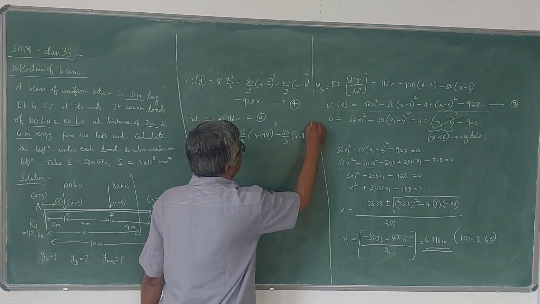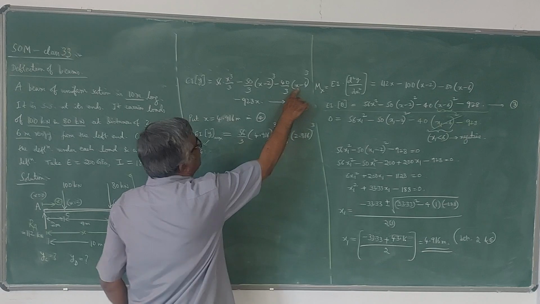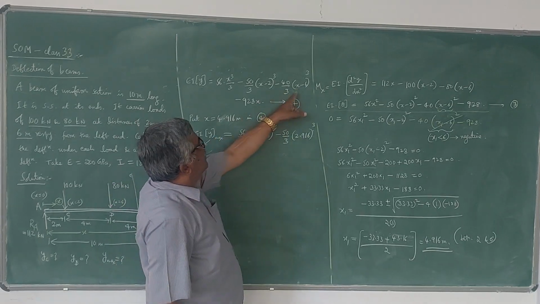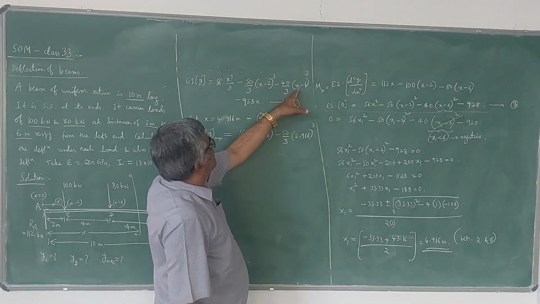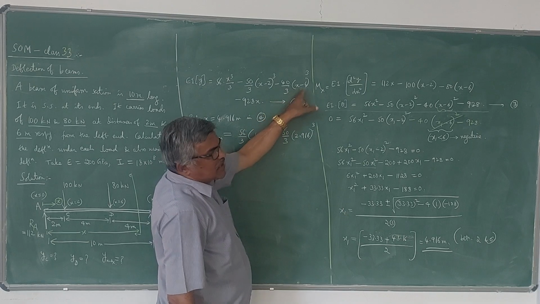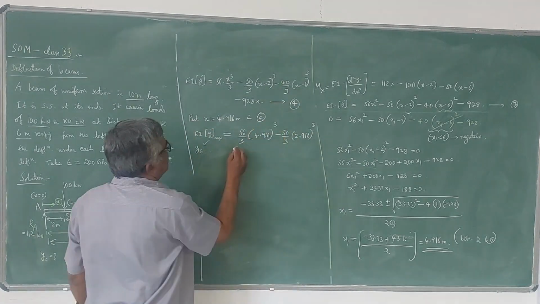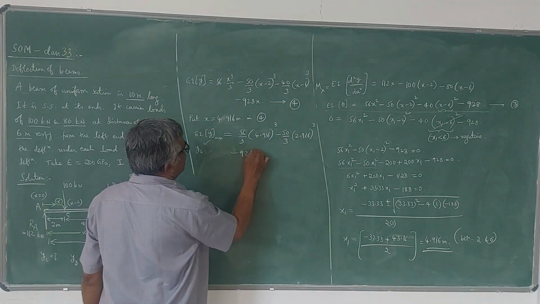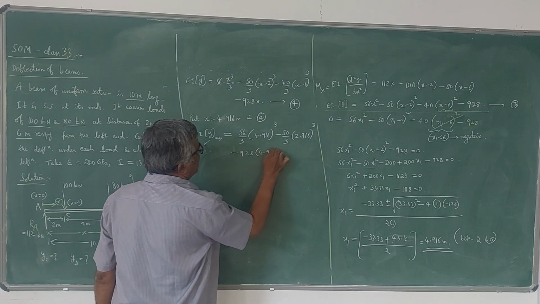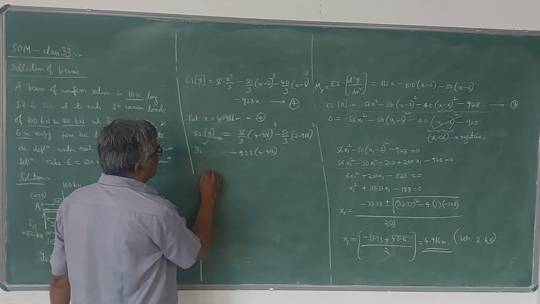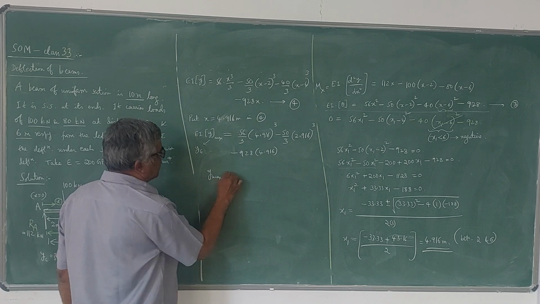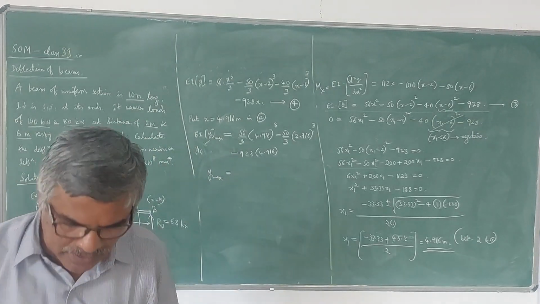So it is positive, you have to consider that. The third term, if you put x equal to 4.916 minus 6, it becomes negative here. So that term you have to omit. The last term is minus 928 into 4.916.